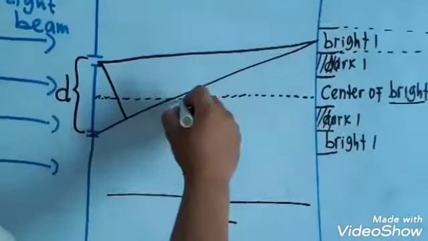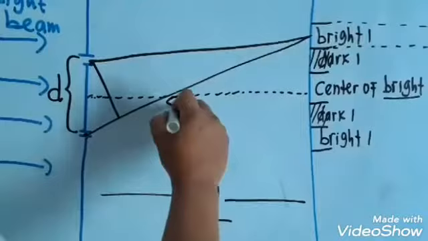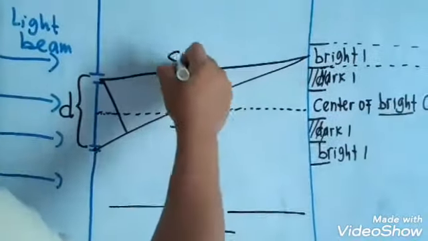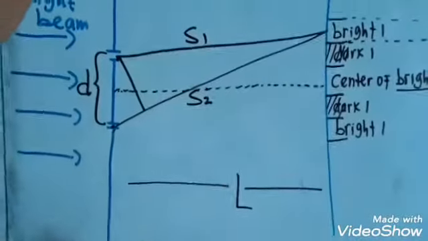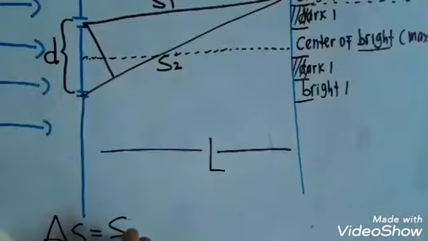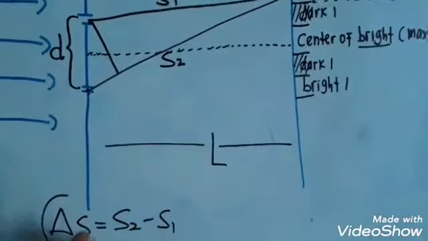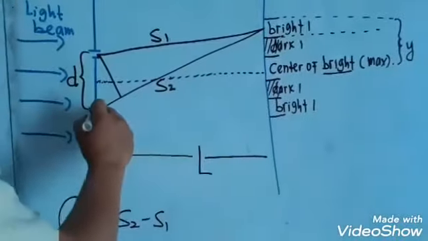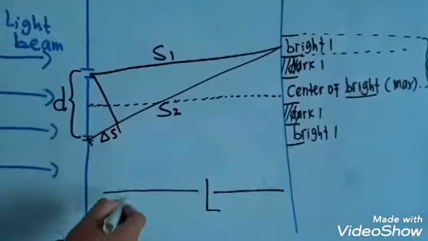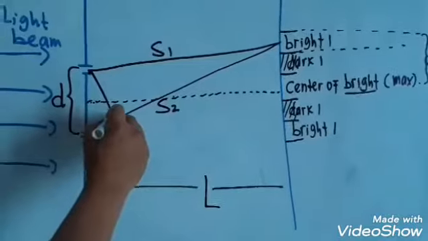Okay, so if you note that this line is, let's say, S2, and this line, let's say, S1, there will be the path difference between S2 and S1, which is delta S. So the delta S is in here. This distance is called delta S, and this one is perpendicular.